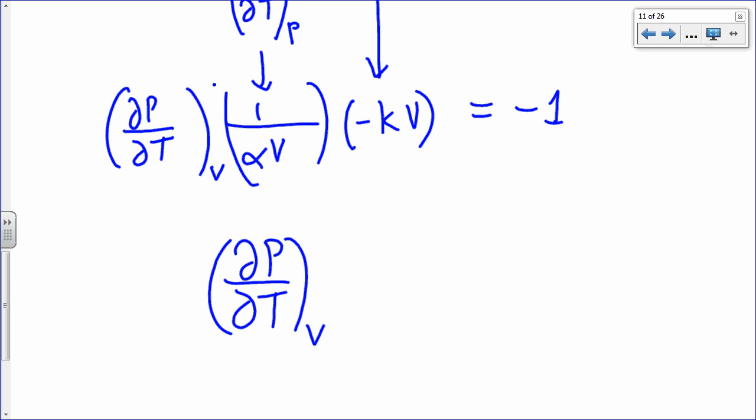All right, let's simplify first. Volume cancels out. Okay, so that will just be equal to what? Alpha over kappa. So, we have alpha over kappa. What would that be for an ideal gas?